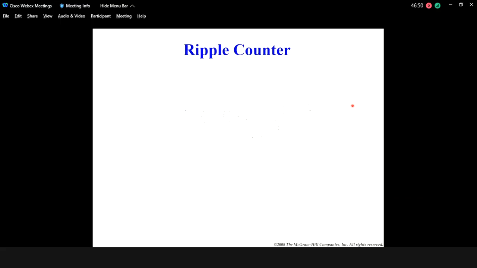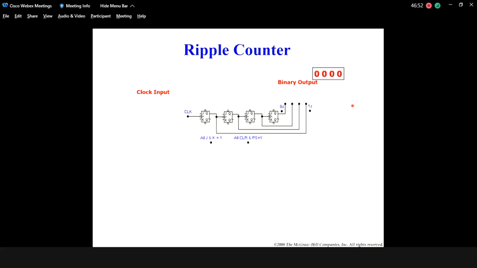So now we are going to see the ripple counter. In the ripple counter, the ripple comes from the clock input. For the counter, most of the time we are using JK flip-flops, because yesterday I mentioned that the JK flip-flop has the toggle function to switch to the opposite mode.